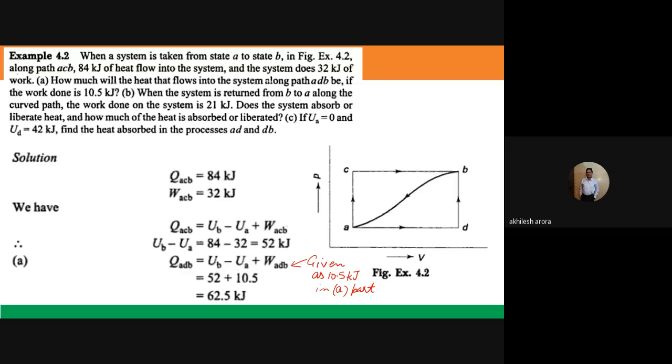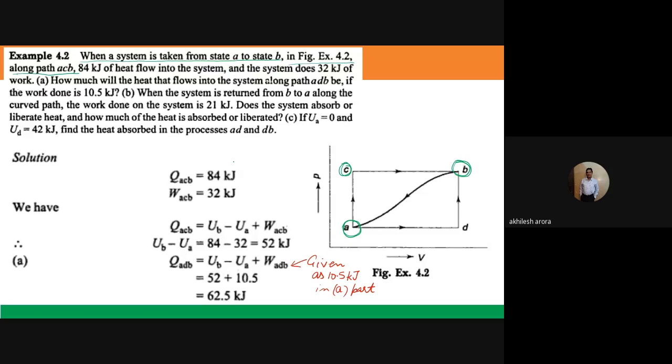When a system is taken from state A to state B, as shown in figure 4.2. So this is state A, this is state B. Along the path ACB. So which is the path ACB? This is A C B. So this is the path we are following. 84 kilojoule of heat flows into the system.